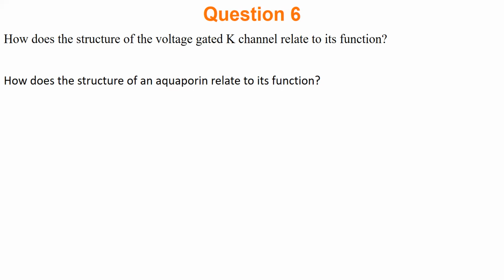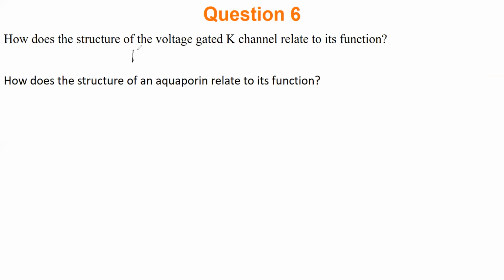So here we have the potassium channel and the aquaporin channel. Just so we're all on the same page, I will go ahead and answer this. So the voltage-gated channel opens, lets potassium flow out of the cell due to a change in voltage. How does the structure of the channel relate to this?